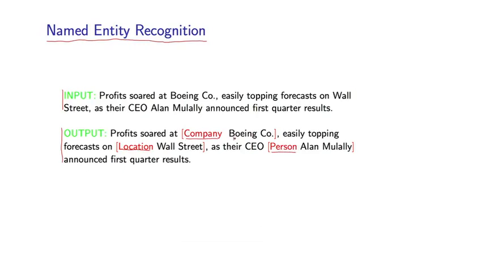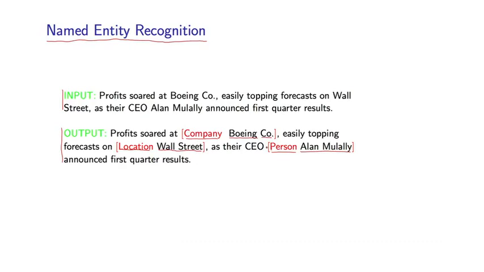And in this output, we've identified Boeing CO as a company, Wall Street as a location, and Alan Mulally as a person. So basic problem, take a sentence as input and mark up all the entities in that sentence in the output. So again, this is a very basic problem in NLP, and it's useful in a wide range of applications. You can imagine all kinds of cases where identifying entities would be a useful task.